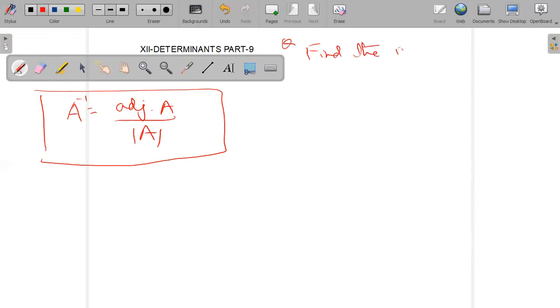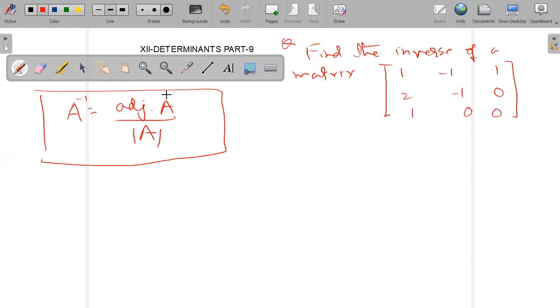Find the inverse of a matrix: 1 minus 1 1, 2 minus 1 0, and 1 0 0.